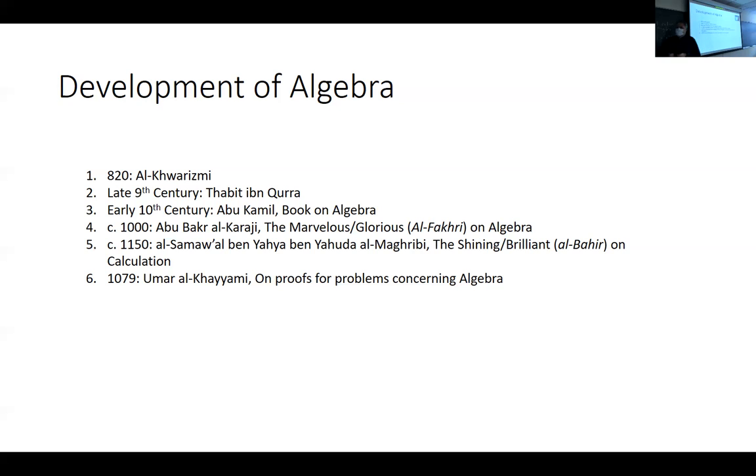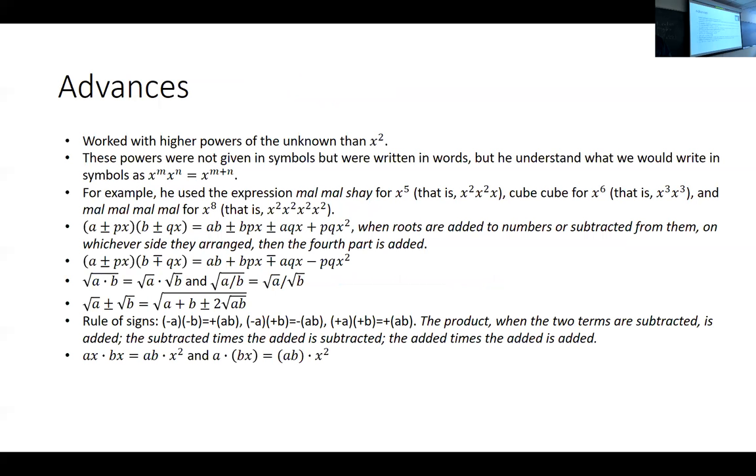Okay, so let's return to Abu Kamil, the Egyptian calculator. Straight away we're starting to see advances, and what I mean by advances is this advance from geometry to arithmetic, because that's really the only way you can advance.